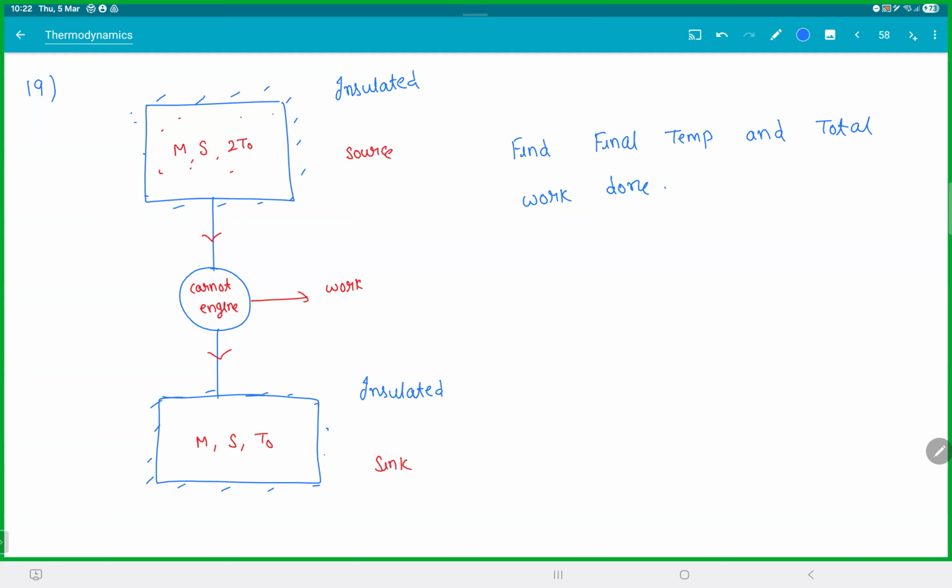Yeah, m is the mass, s is the specific heat capacity. That's your final temperature, Srihari.